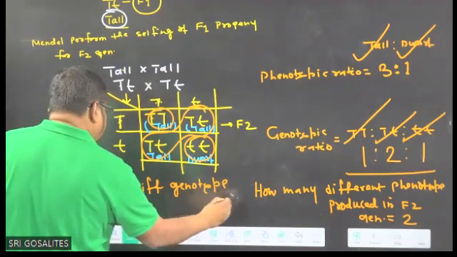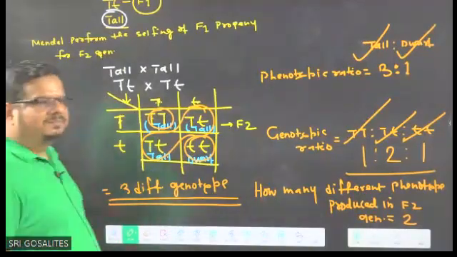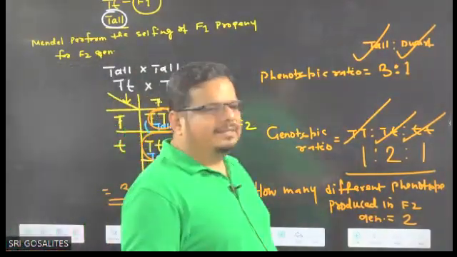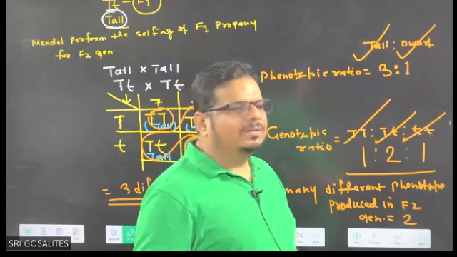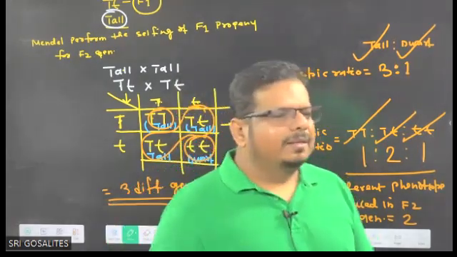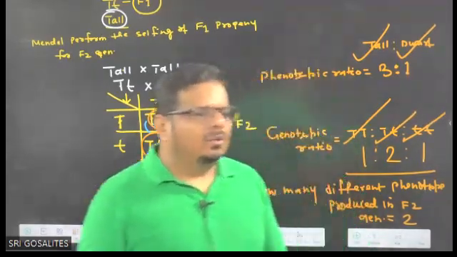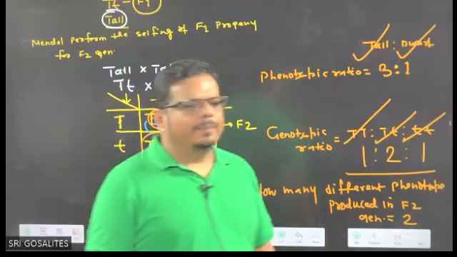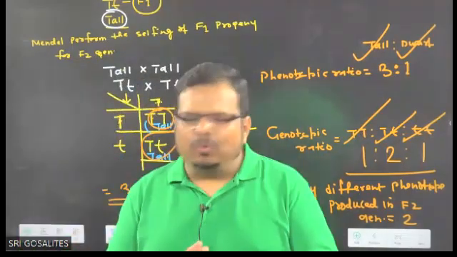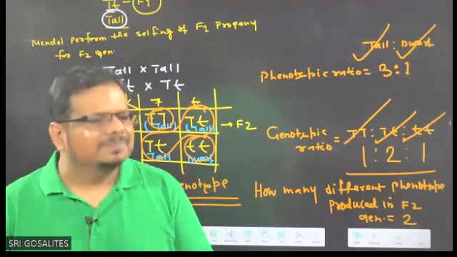These are the results Mendel got in the F2 generation of the monohybrid cross. Got the idea? Phenotypic ratio 3:1, genotypic ratio 1:2:1, total number of different phenotypes equal to 2, total number of different genotypes equal to 3.